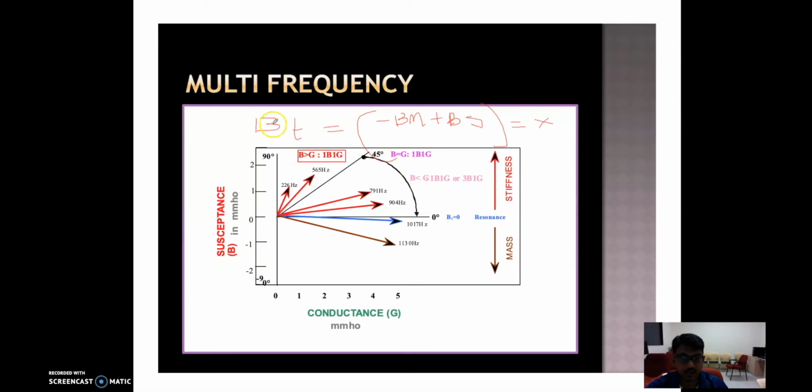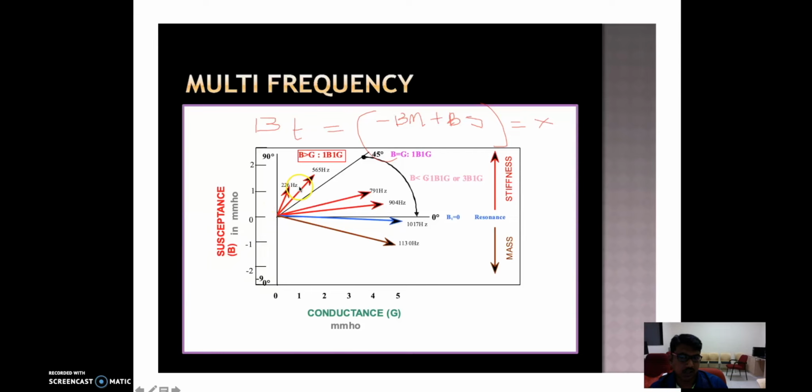What I explained is that in the normal middle ear, you have the impedance vector flowing in this direction, which is very close to the stiffness axis.